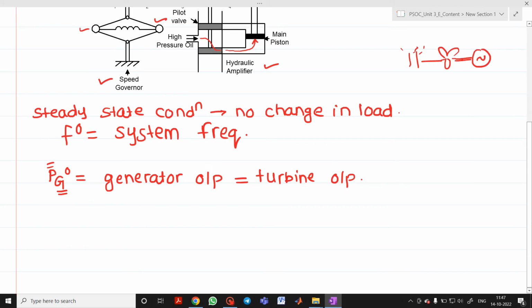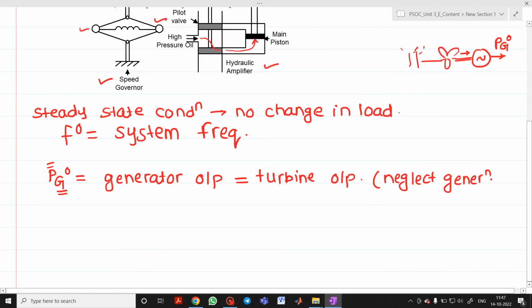So the generator output, we are considering here, will be the same as your turbine output. So here I can write that we neglect generation losses. So by neglecting generation losses, PG0 will be equal to your generator output, which is the same as your turbine output.